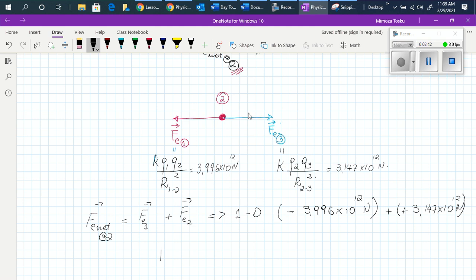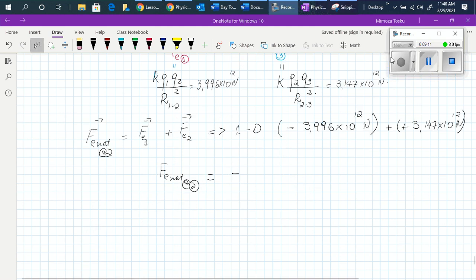And then the electrostatic force net at 2 will be negative, whatever the calculator gives you. So 8.49 times 10 to the power of 11 newtons.